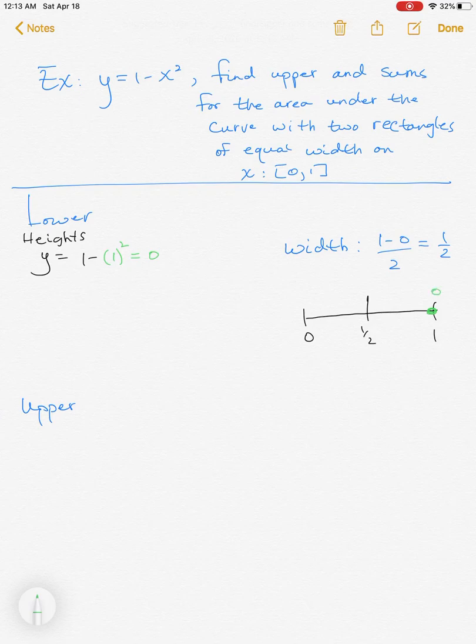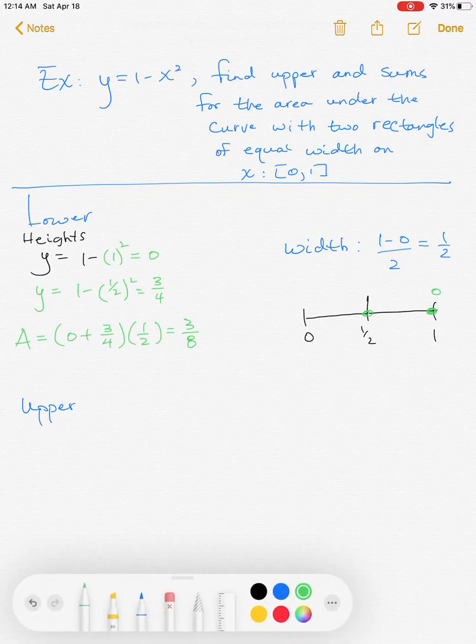And I'm going to work my way backwards. y equals 1 minus 1/2 squared. That's going to give me 3/4. Area done. A equals the sum of the heights times the width. Same answer we just got.